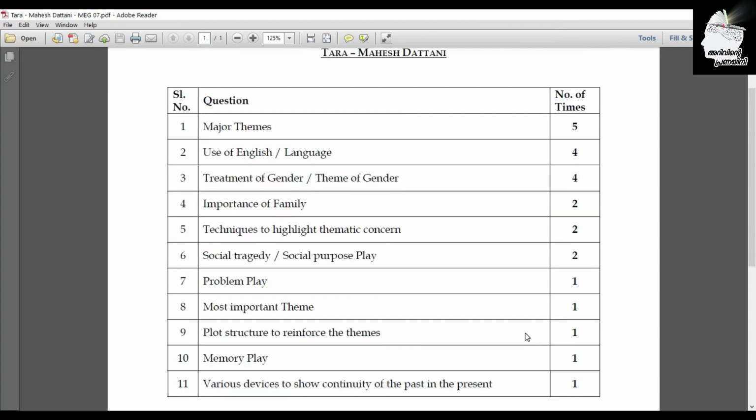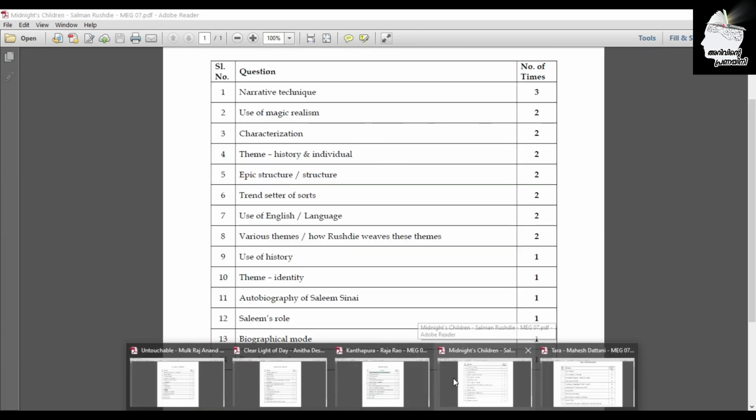Which I should prefer is your selection. You can select Untouchable, Clear Light, Kanthapura, Midnight's Children, and Tara. Out of these 5 different portions, you must select 3 of them, and I think I have listed before that Clear Light of Day, Untouchable, and Tara will be very easy to study.